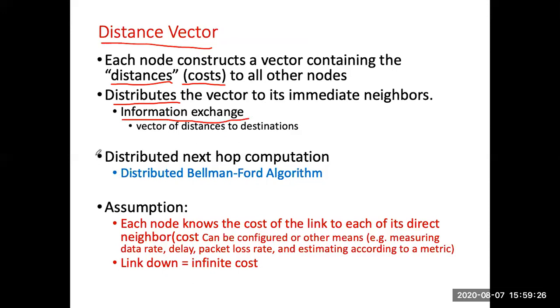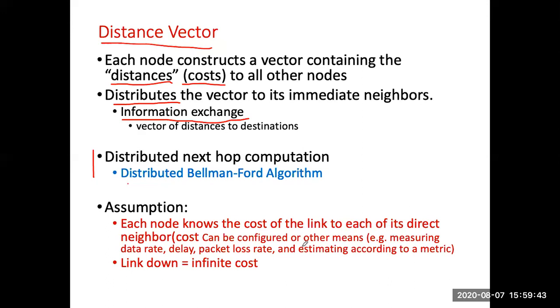In the distance vector protocol, the algorithm which is used is usually called the distributed Bellman-Ford algorithm. Before discussing this algorithm, we will assume that each node knows the cost of each link to its direct neighbor.